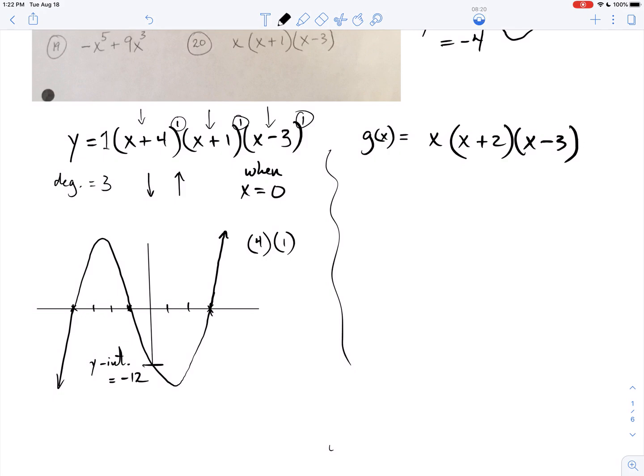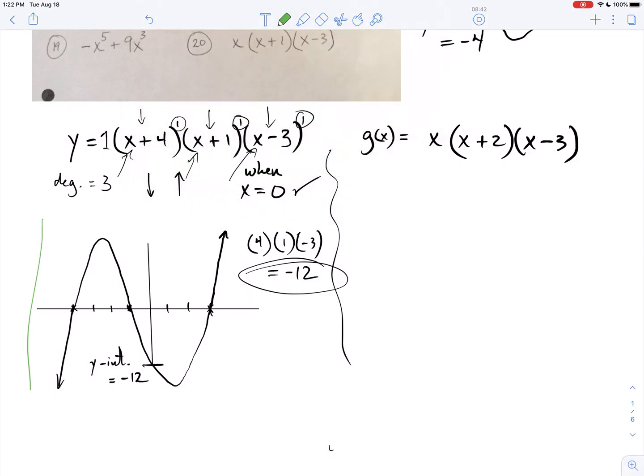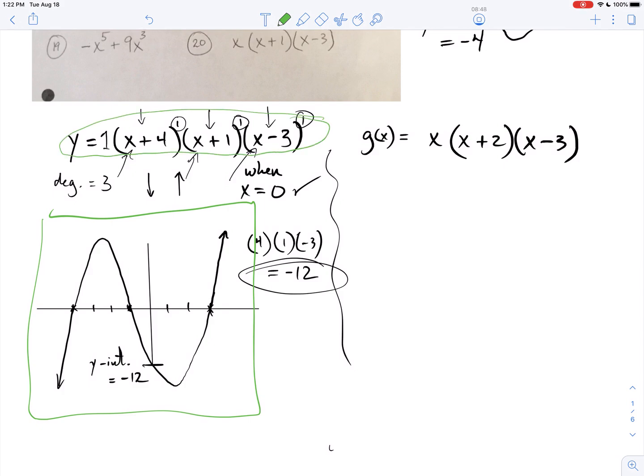Not x minus 3, but -3. What's 4 times 1 times -3? It is indeed -12. So when x is 0, I plug in 0 for all these, I get out y equals -12, so that's my y-intercept. This right here is the answer for sketching this graph.